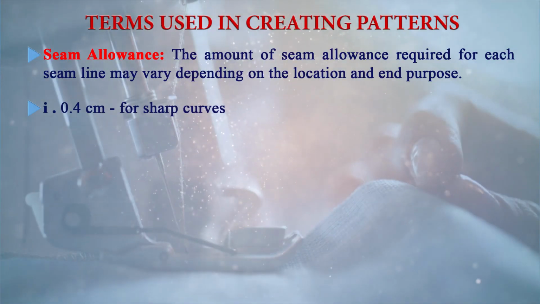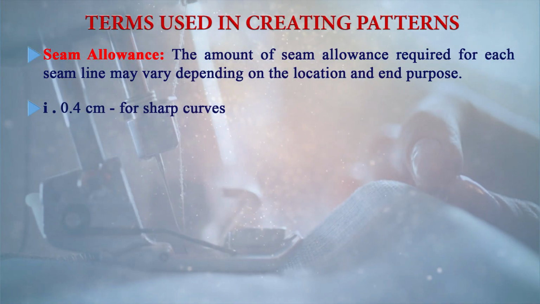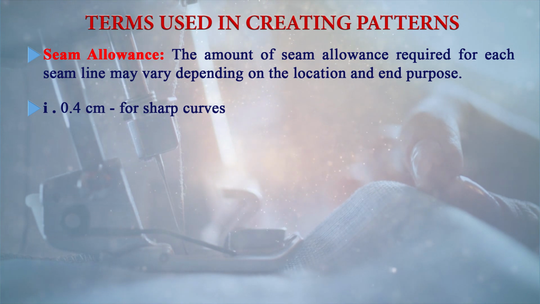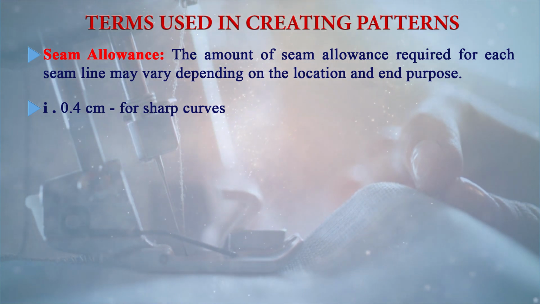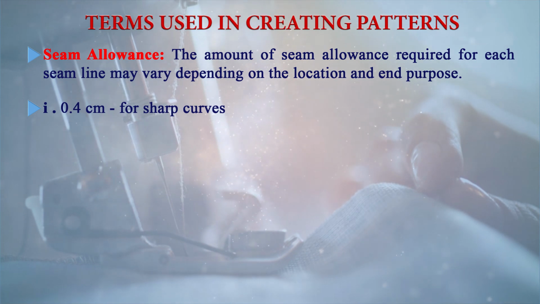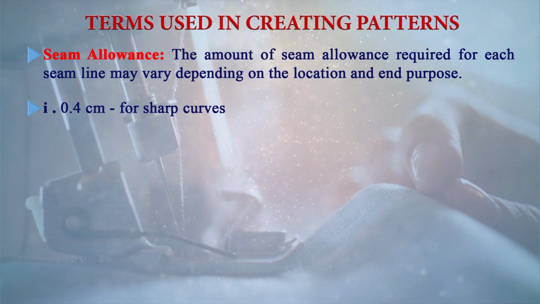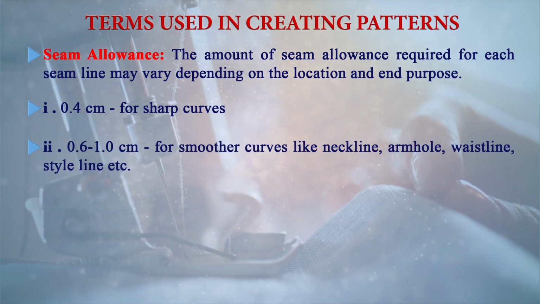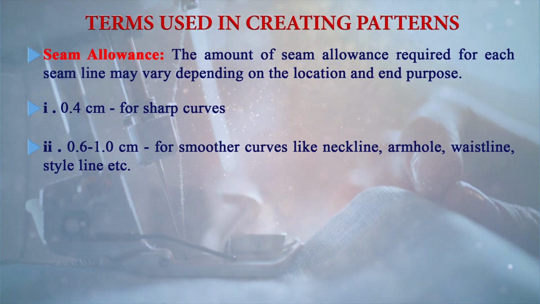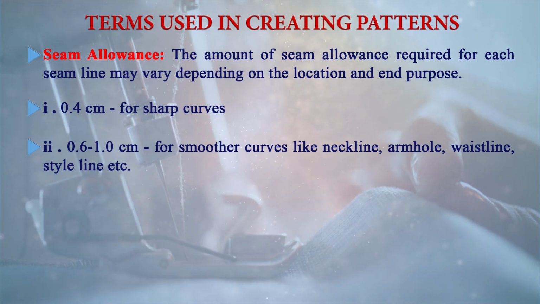For parts like sharp curves on the garment or the pattern, like the armhole sharp curves, we generally use 0.4 centimeter of seam allowance. Then for the smoother curves like neckline, armhole, waistline, style lines, etc. we use 0.6 to 1.0 centimeter of seam allowance.